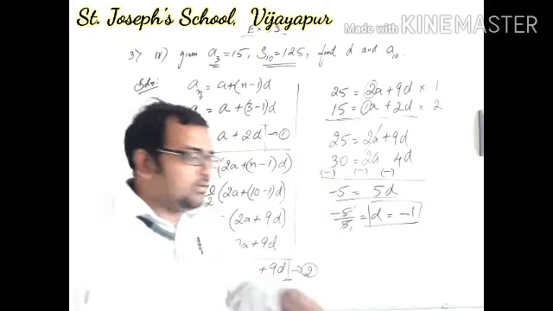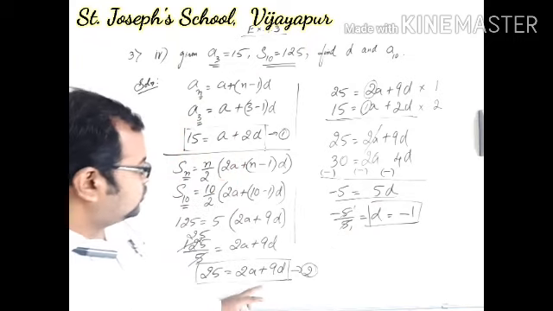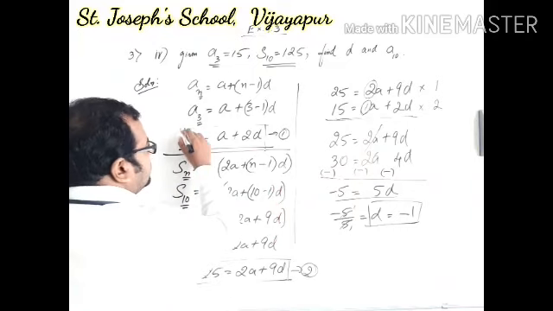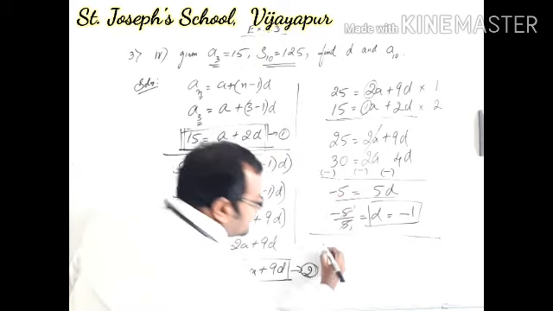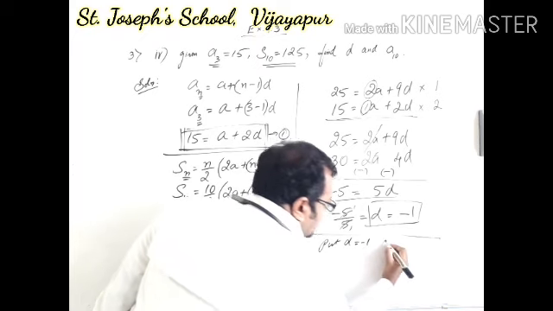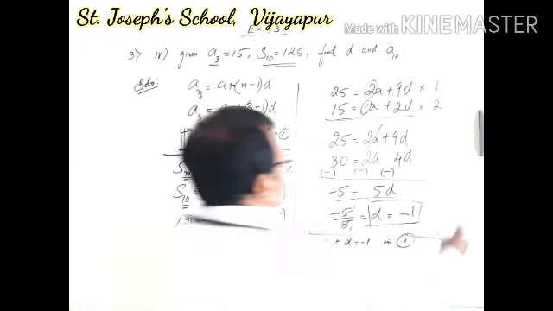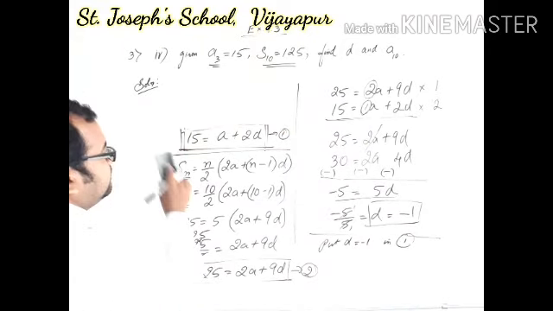What to do now? This d value we need to put in any one of the equations, either 1 or 2 or 3, whichever. I chose the simplest, equation 1. So put d is equal to minus 1 in equation 1.